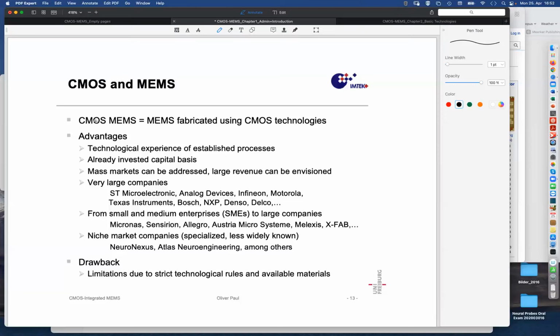But if you have sensors that might benefit many people, I take an example that I know well, Sensirion, a company in Switzerland that was co-founded by one of my ex-PhD students. Well, they had the idea to do humidity sensors.